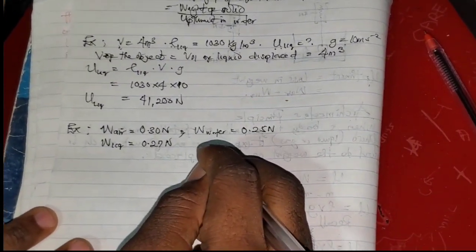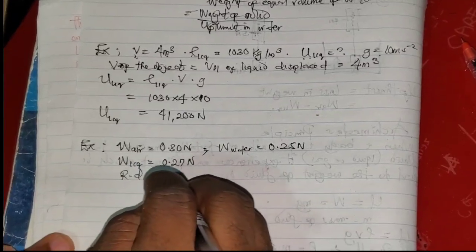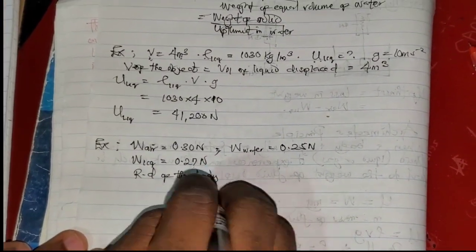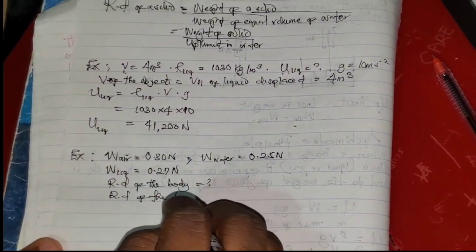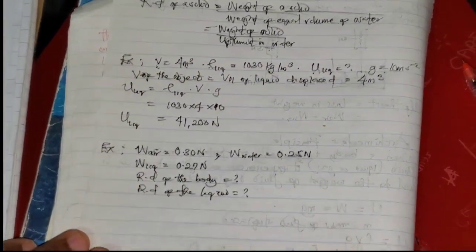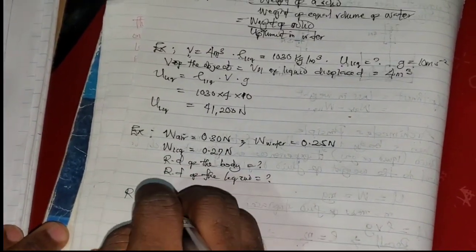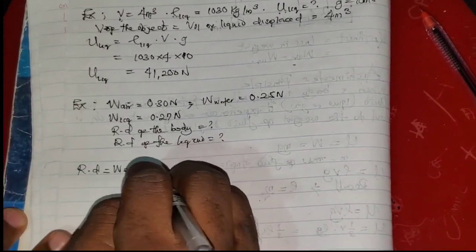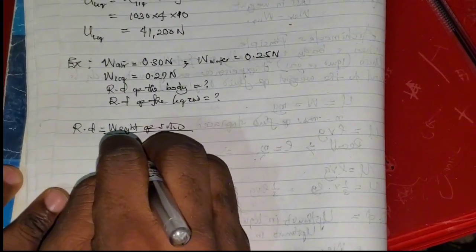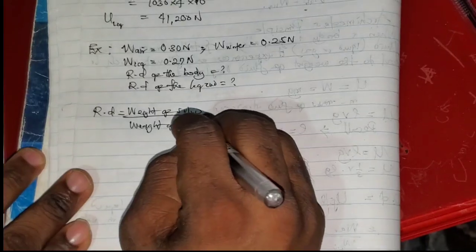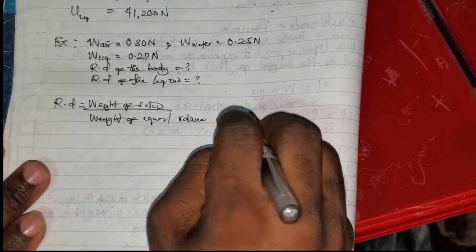Calculate the relative density of the body. So we are looking for the relative density of the body and the relative density of the liquid. In this case, we remember that relative density equals weight of solid over weight of equal volume of water.